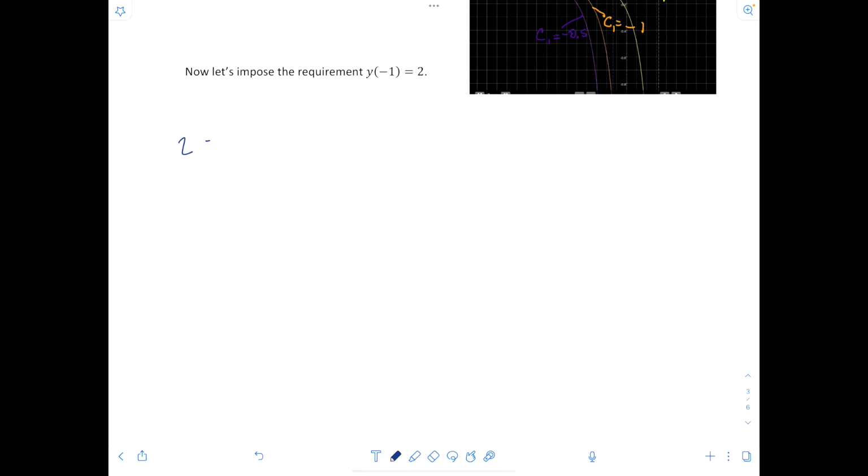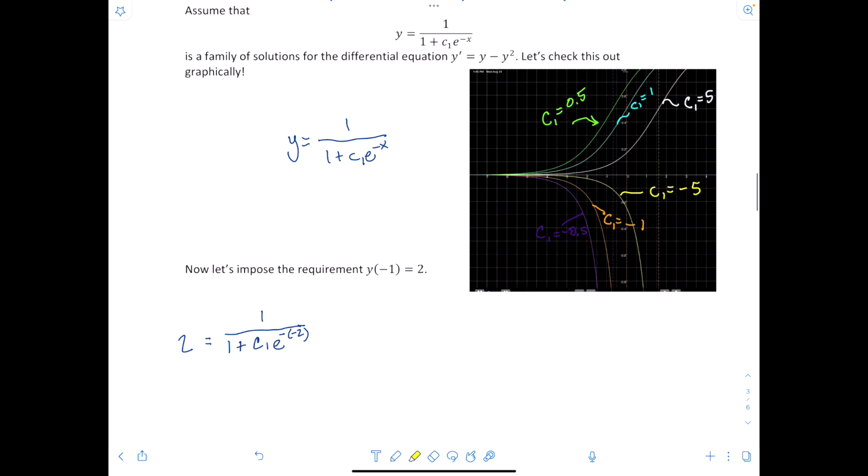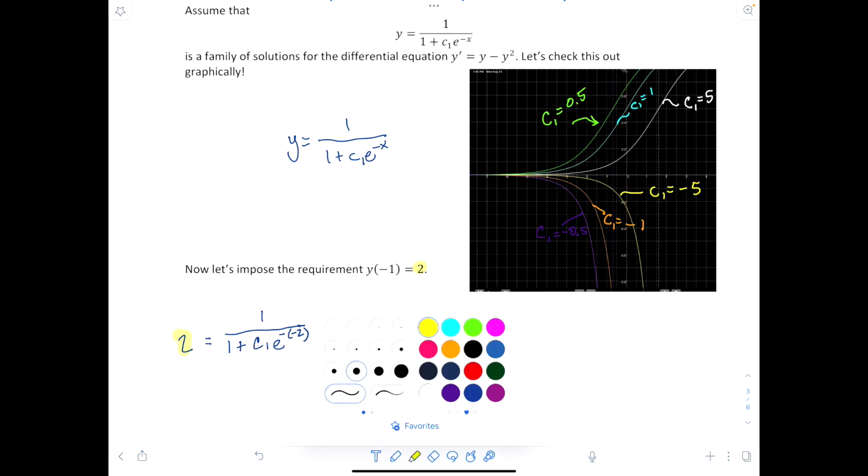So for y, I'm going to write 2. 2 is equal to 1 over (1 plus C1 e to the -(-1)). So for the y, I put 2 because of that initial value condition.